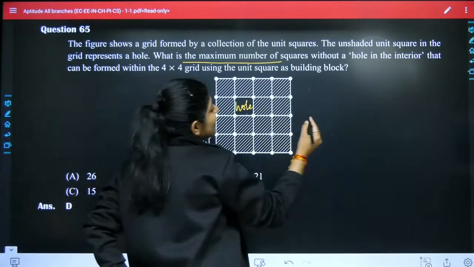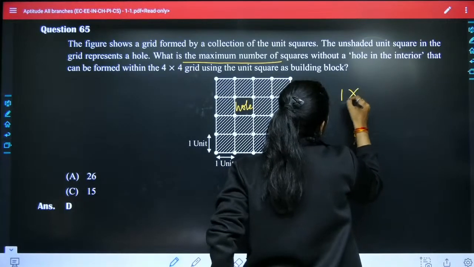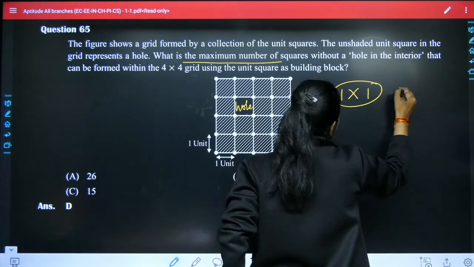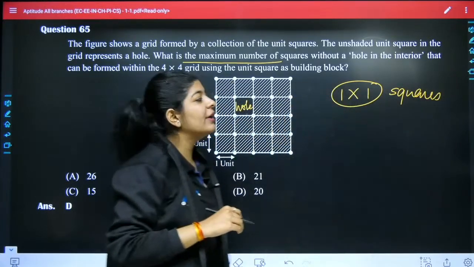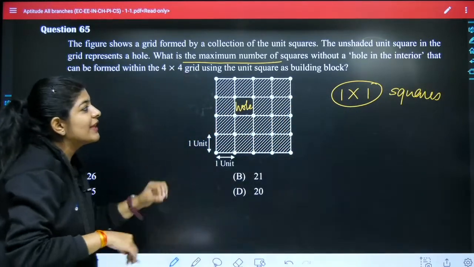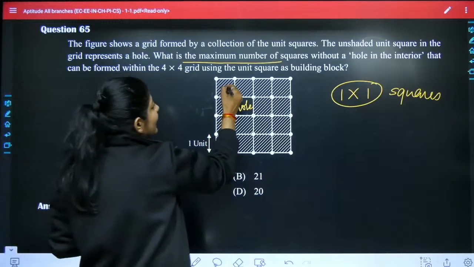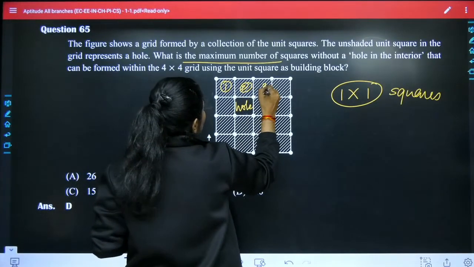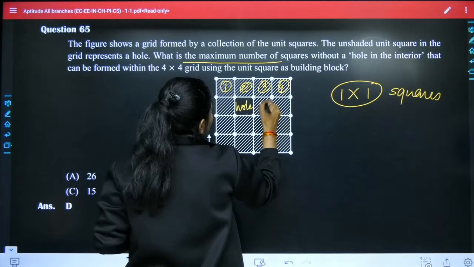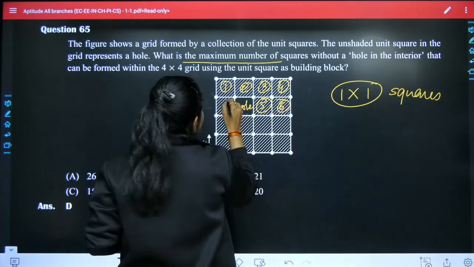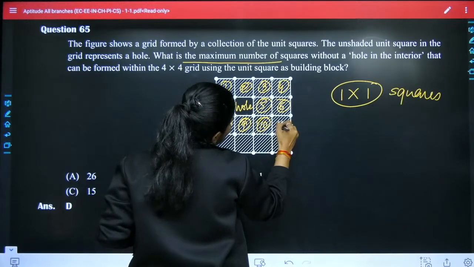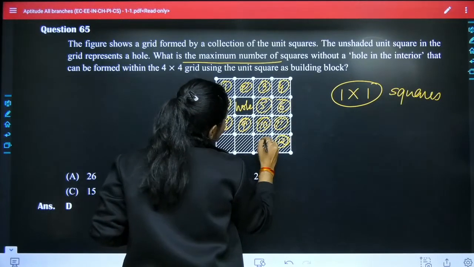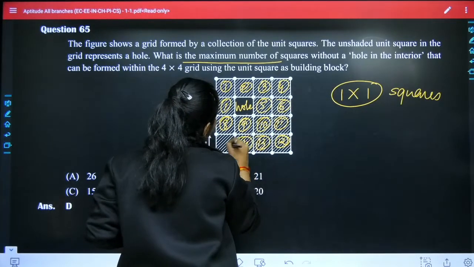So if we calculate 1 cross 1 squares without a hole in the interior, we will get 1, 2, 3, 4, 5, 6, 7, 8, 9, 10, 11, 12, 13, 14 or 15.